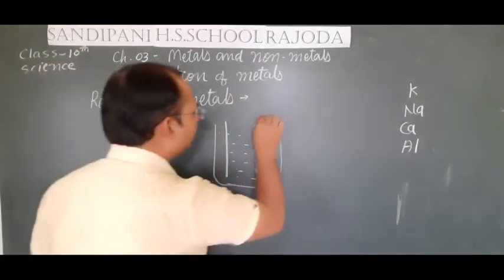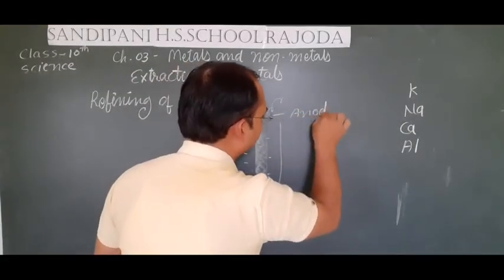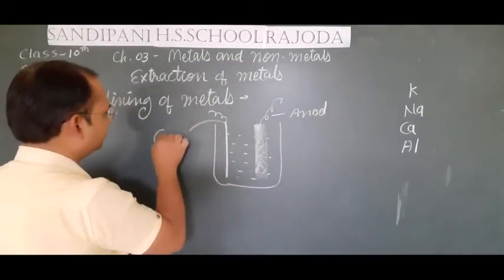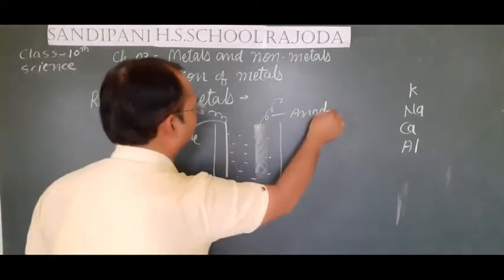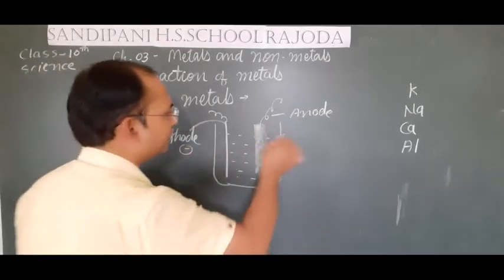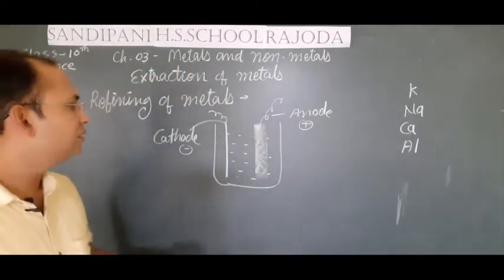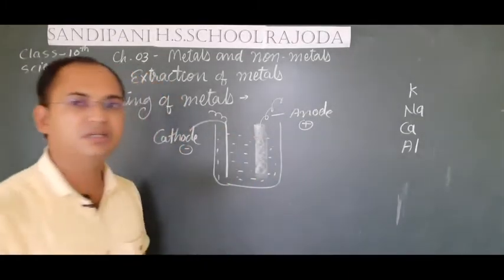Now, this thick rod is made the anode and this thin rod is made the cathode. The cathode is negatively charged and the anode is positively charged.